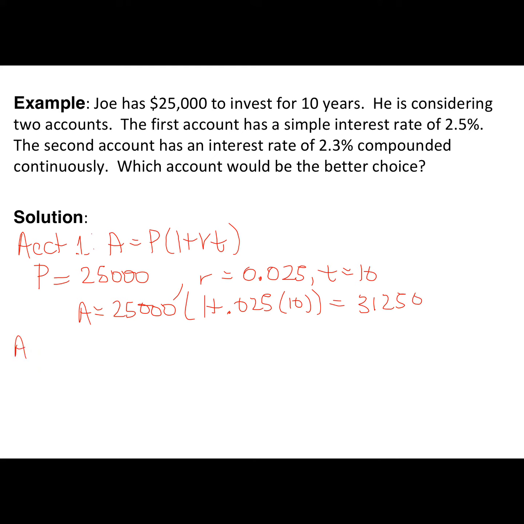What about account 2? Well, account 2 has an interest rate of 2.3% compounded continuously. That means I need to use the PERT. So A equals PE to the RT. Where here, the only thing that's changed is my rate is now 0.023. And time is still 10 years, and my principal is still 25,000.